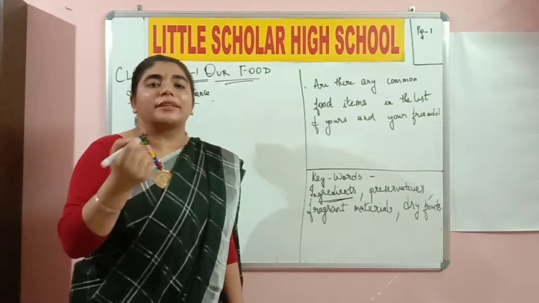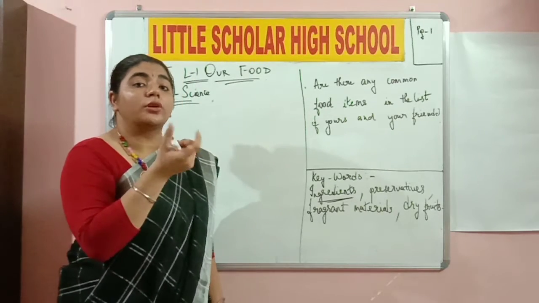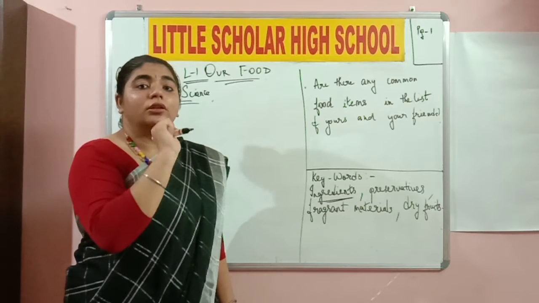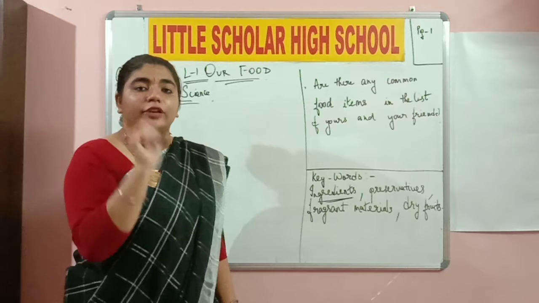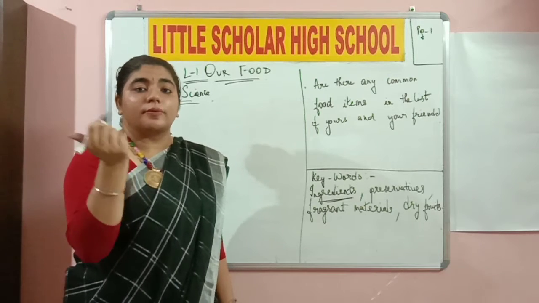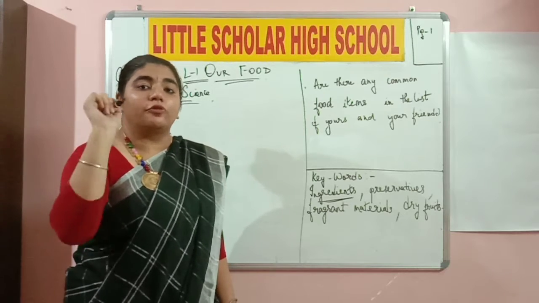Components or materials. For example, when you take a biscuit packet and you turn it over, it's mentioned over here, ingredients: maida, butter, cooking oil, sugar, salt, or if it is a flavored biscuit, then you can have almonds or cashew nuts, or sometimes strawberry cream or flavored cream.